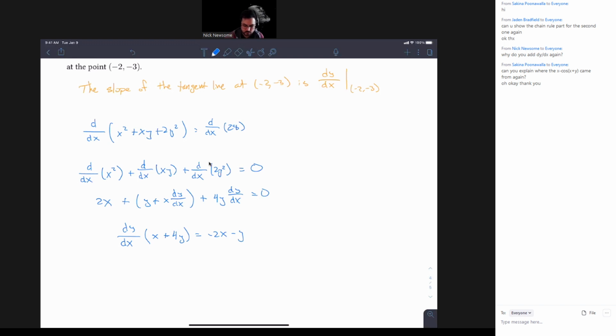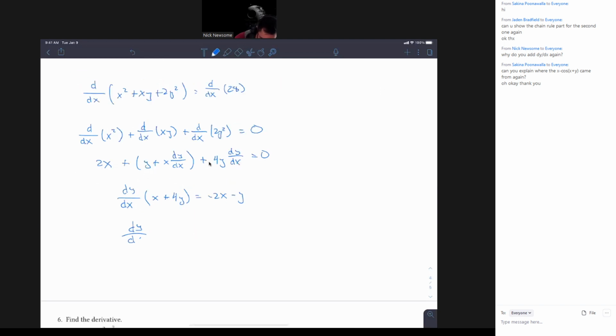One more time. These 2 pieces have a dy dx, so I factor it out, just leaving x plus 4y. So I leave it over here. These 2 pieces do not have dy dx, so I move them to the other side. And when I do that, I have to subtract them, so they become negative over here. So dy dx is going to be minus 2x minus y divided by x plus 4y.